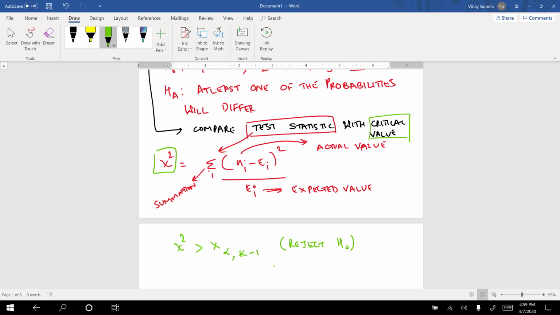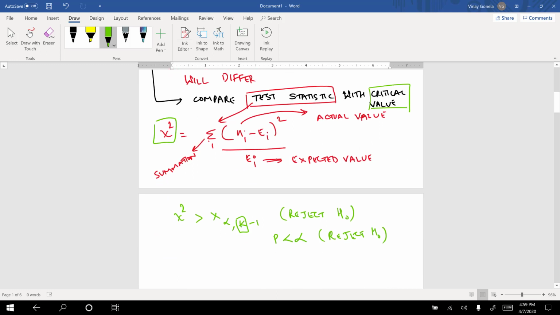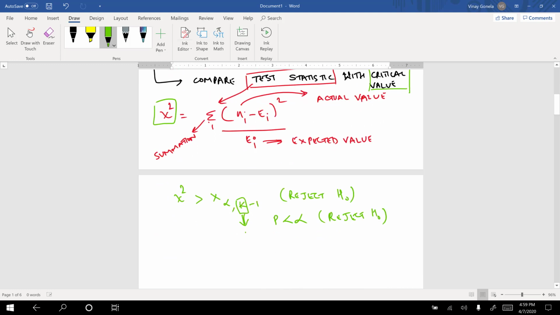Or the other way is you look at the p-value, and if the p-value is less than alpha, you reject H null. Here this k comes from how many probabilities you have. For example, here you have 3 probabilities, so your k in this example would be 3. That's how you are going to do chi-square problems, and finally you will make a conclusion.